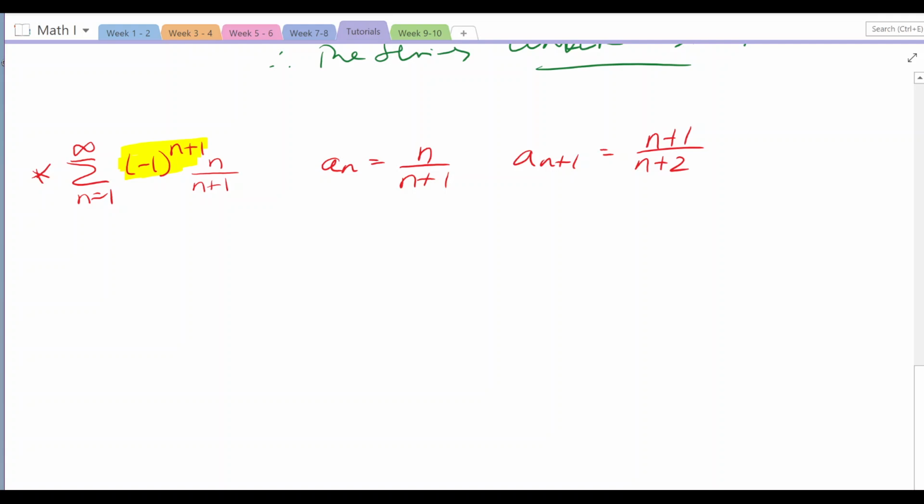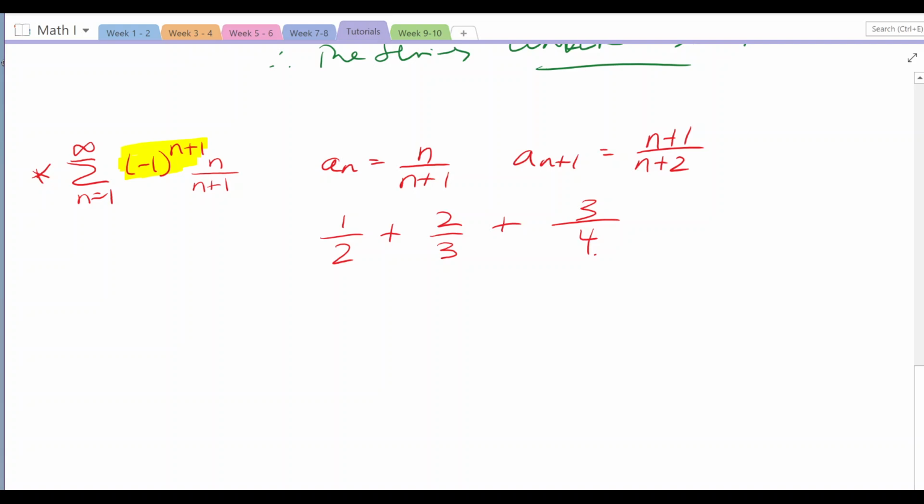The best way to check is by using an example. At n equals 1, the term will become 1/2. When n equals 2, the term will become 2 over 3. And the next one, when n equals 3, becomes 3 over 4.